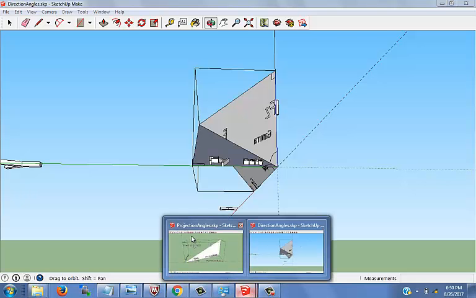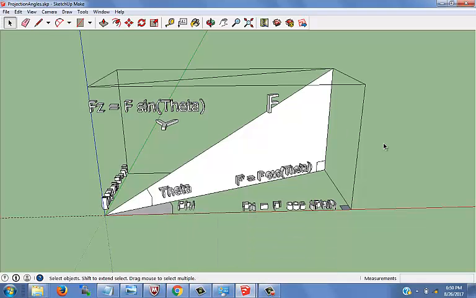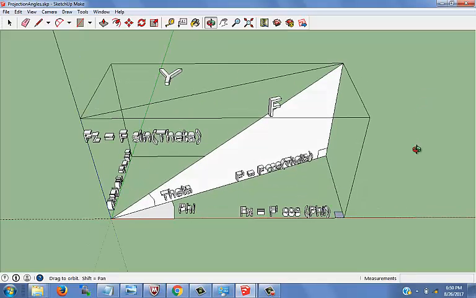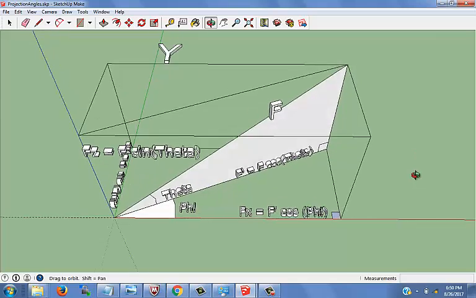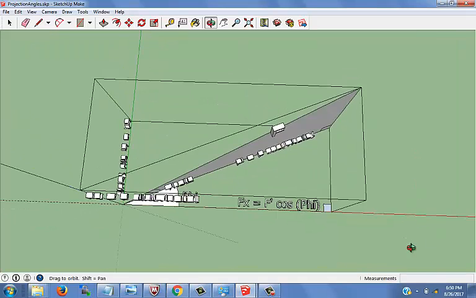The other representation is the projection angles. These are a little more confusing, perhaps, just because it's not consistent with each component, but it also makes sense in its own way.